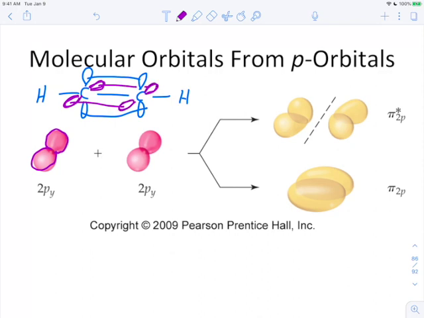So it works the same way as the last one, where this lobe is coming out towards you and the one behind it is going away from you. And same thing over here. This is your antibond. It's got the node right in the middle. It's just, again, showing a different orientation. If I was there with you, I would show my iPad like so, and then leaned over on its side. So that's all they're showing you.